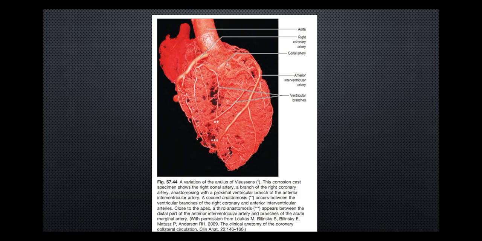This shows the vascular architecture: the right coronary, then the right marginal, and then it passes backwards and gives off the posterior descending artery.